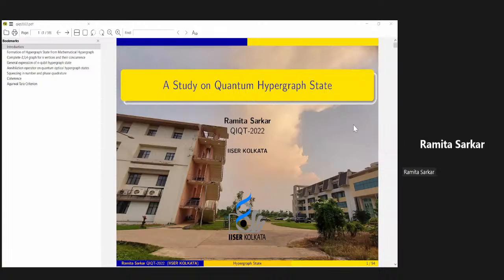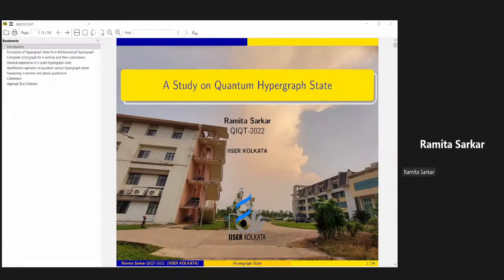Today I will talk about hypergraph and graph state, and the construction of graph and hypergraph state from the corresponding mathematical graph and hypergraph, and some relevant definitions regarding this. After that, I will proceed to the multipartite quantum entanglement for hypergraph state.